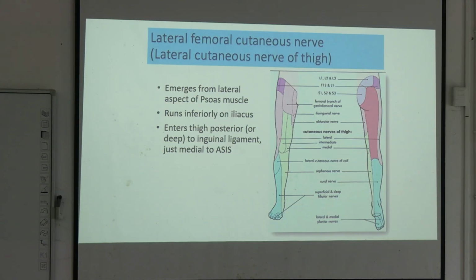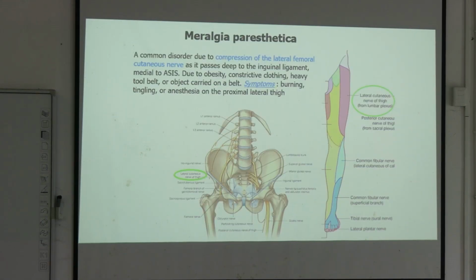We call this Meralgia Paresthetica, where the sensory innervated region may feel paresthesia, that means abnormal touch, pain or temperature sensation, which is a common clinical presentation. So Meralgia Paresthetica is just the lateral cutaneous nerve trapped under the inguinal ligament because of the close relationship there.